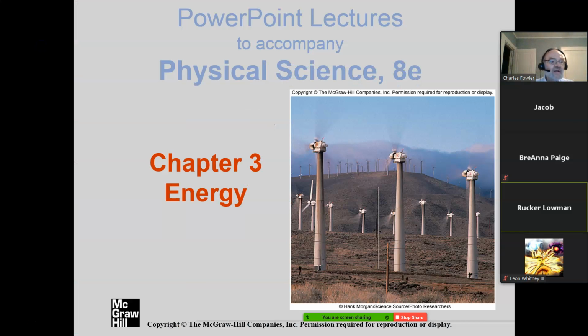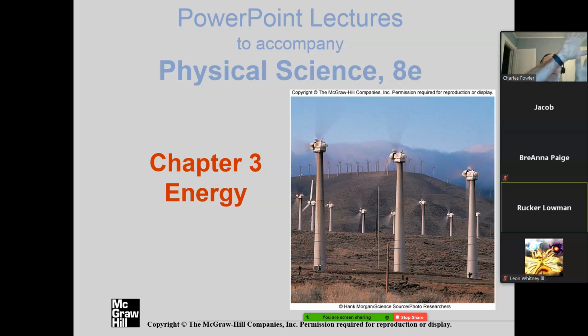All right. Chapter 2 was motion. Chapter 3, energy. Now here's some differences. Remember when we started early today talking about momentum, we talked about motion. We started with displacement, a vector quantity, distance, a scalar quantity. Velocity, a vector quantity, speed, a scalar quantity.